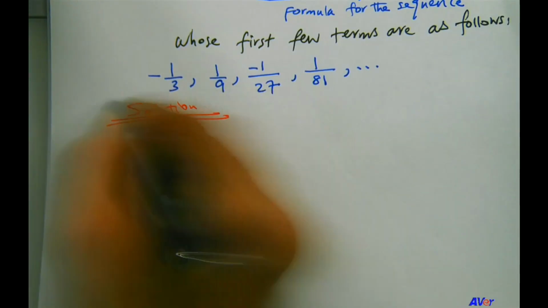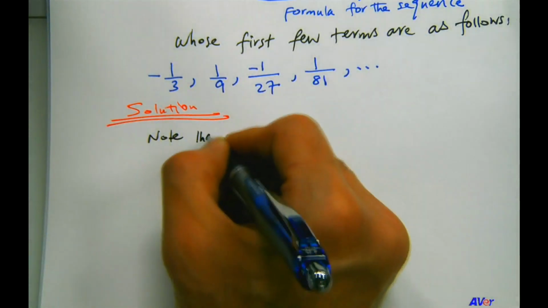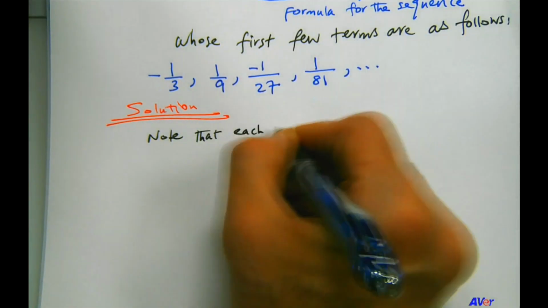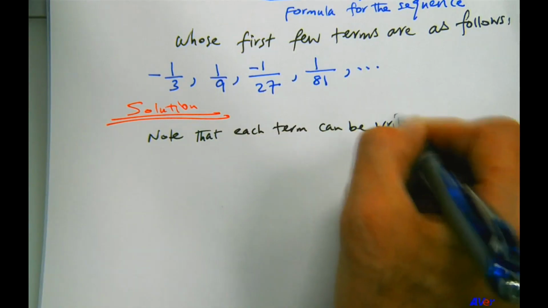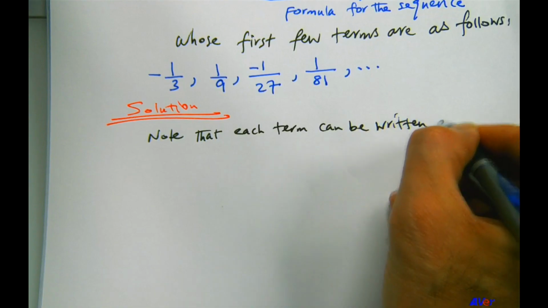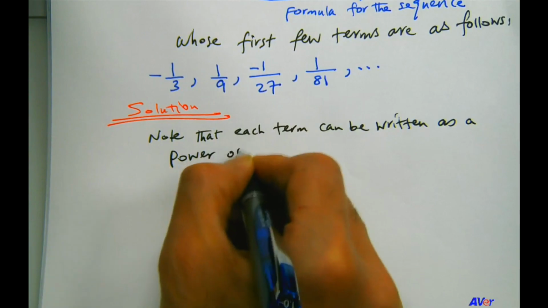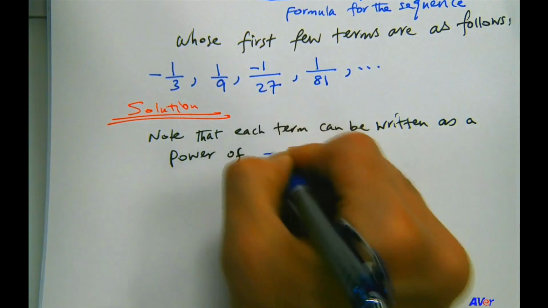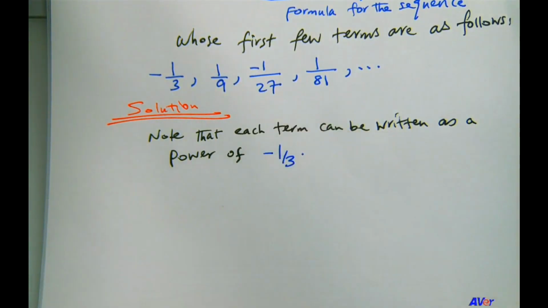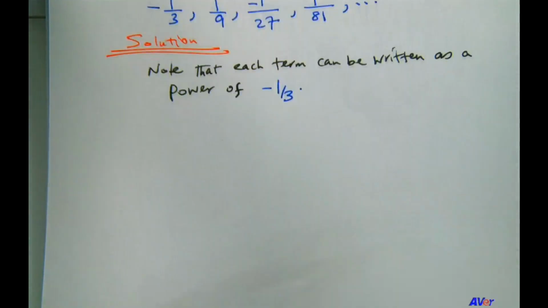So after you look at the terms in a sequence, in this case, you note that each term can be written as a power of minus 1/3, right? So with that realization, you set up the first iteration of the nth term of the sequence.